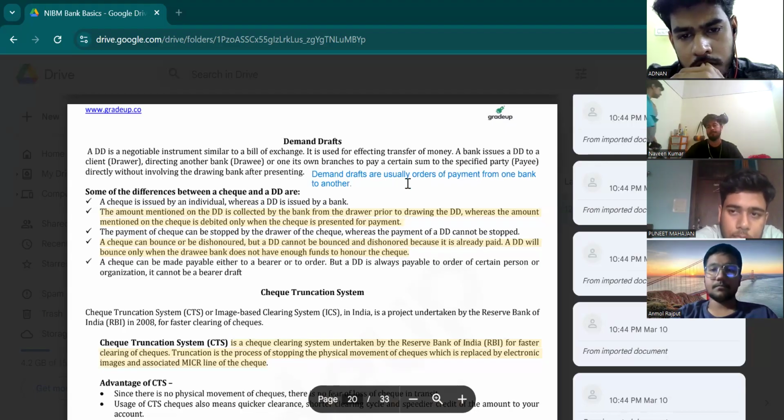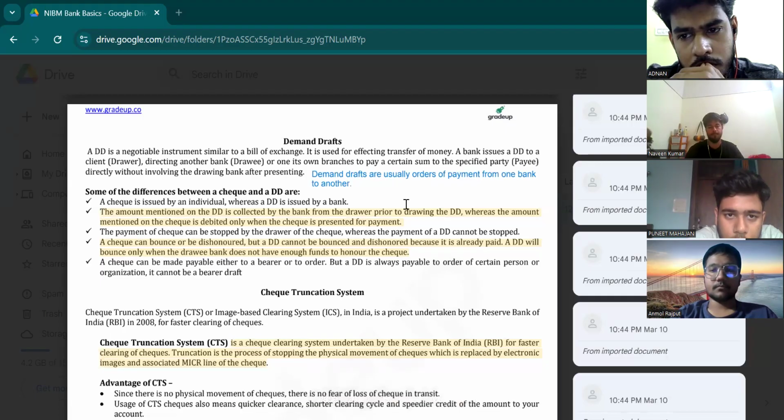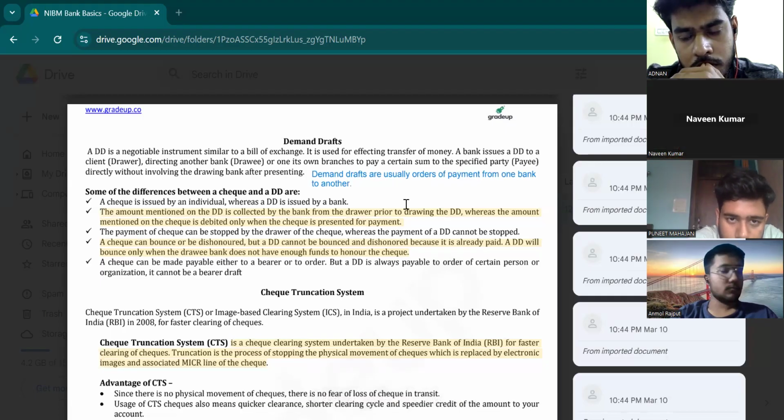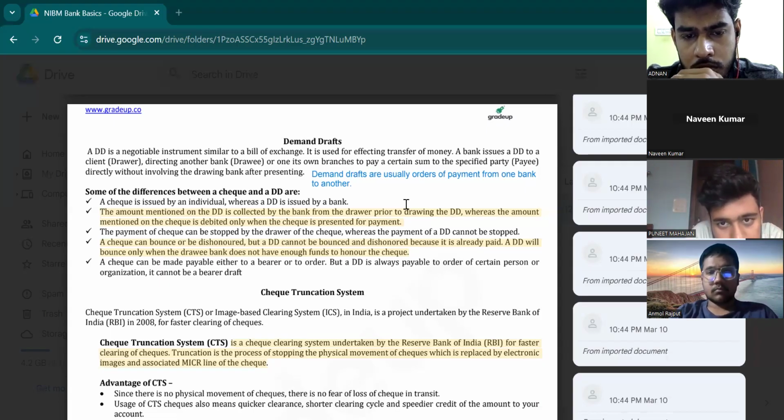Why? Because right now only 50,000 is there. On the 30th of April, you will deposit at least 1 lakh rupees in your bank account, because you know that if there is no sufficient balance, the check will not clear, it will bounce. So for a check to clear, it must have the minimum balance.